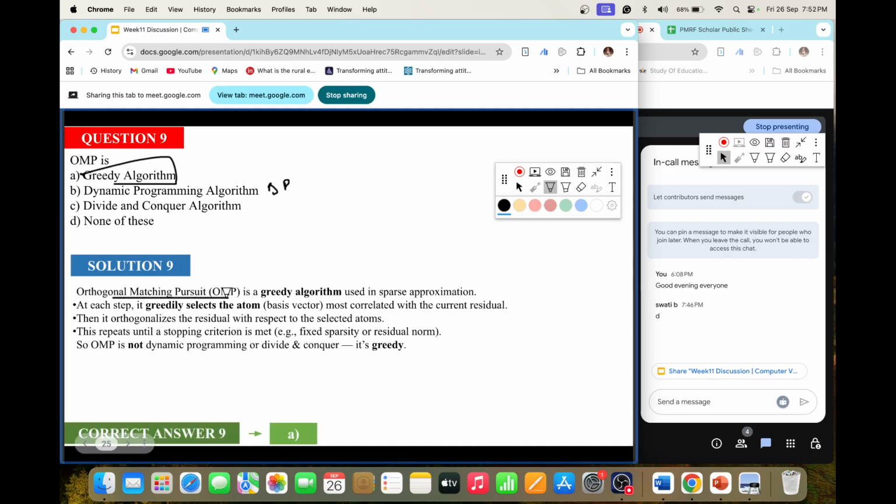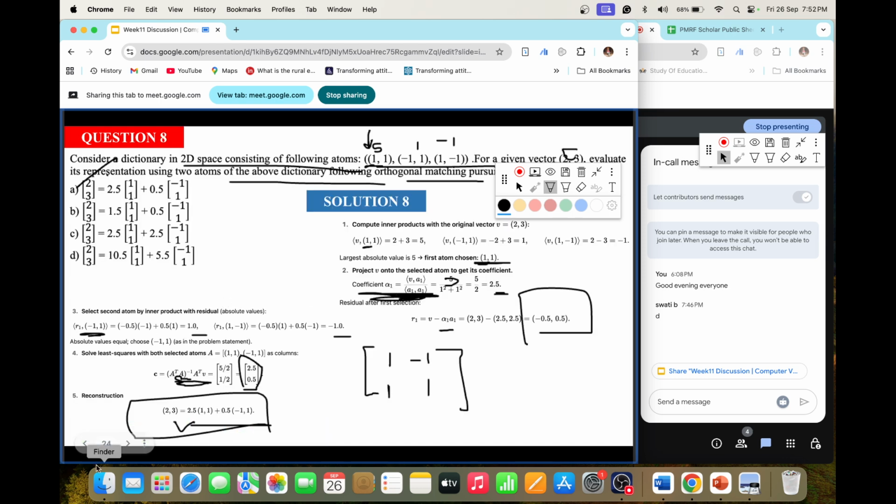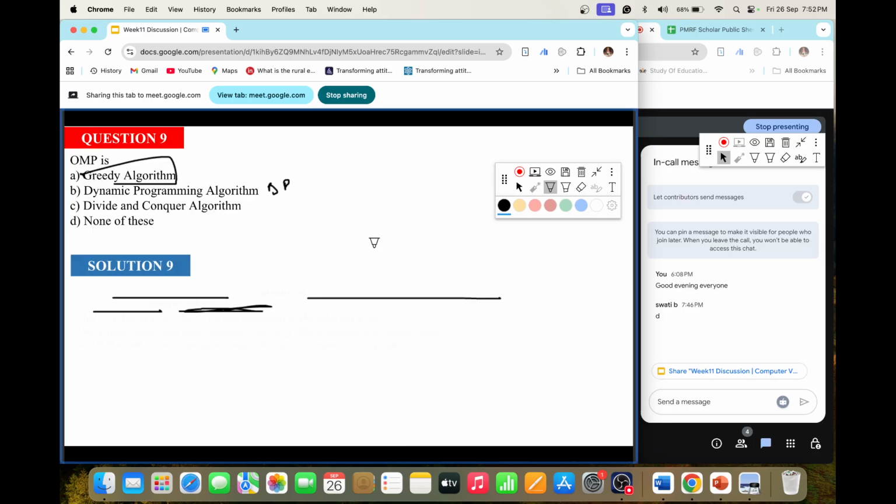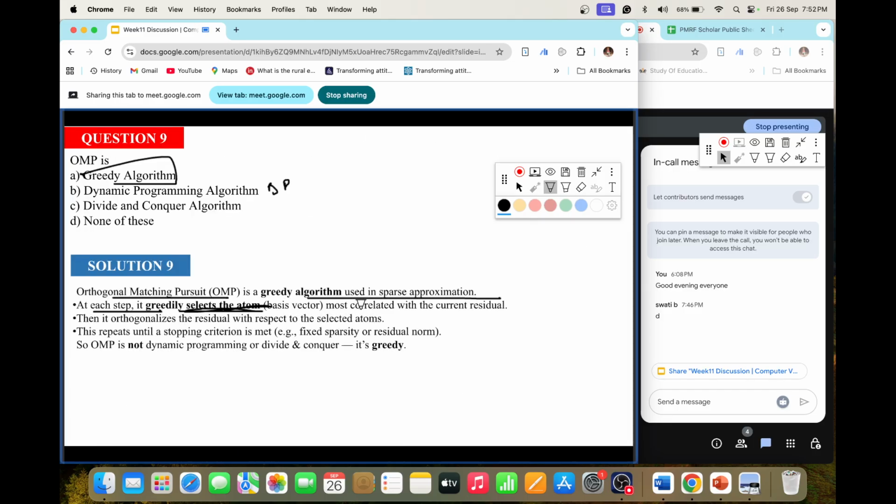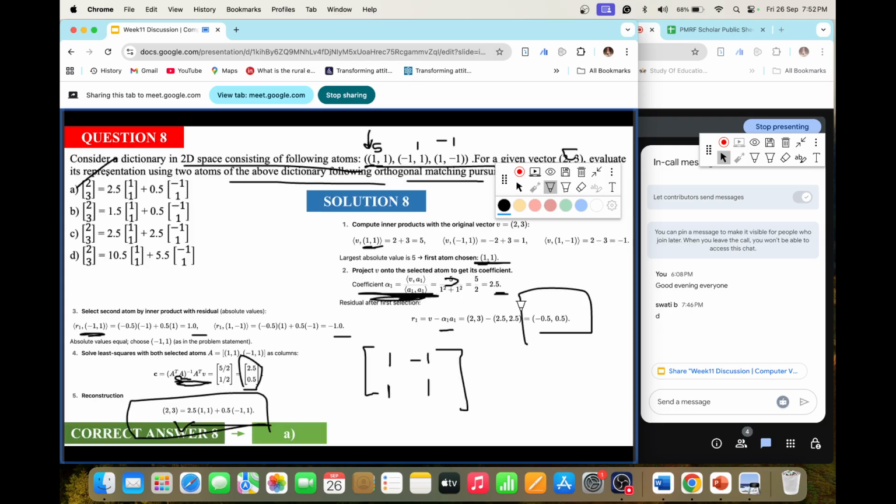The OMP algorithm is a greedy algorithm used in sparse approximation. At each step, it greedily selects an atom, as we have just seen in this question, one basis vector at each step. That is why it is greedy. It selects the atom most correlated with the current residue, because the maximum answer means most correlated.